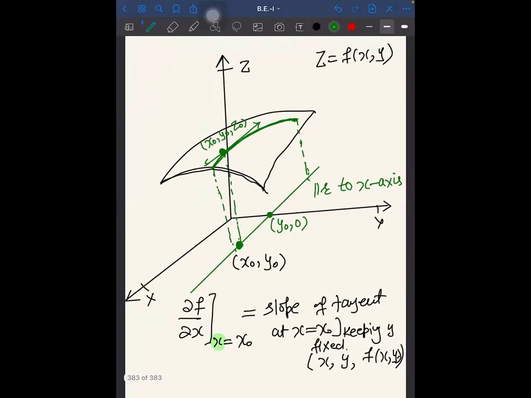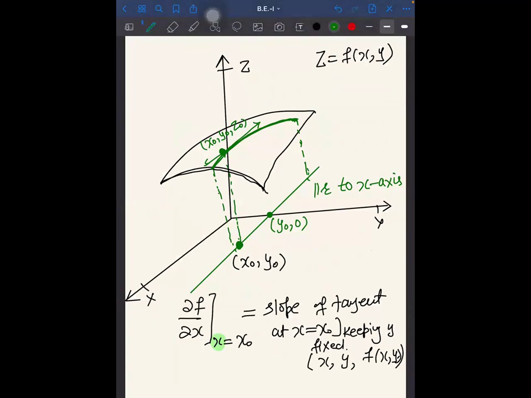Here we have fixed one dimension, that is y, and now we are left only with x and z. So we are getting the 2D picture of that. That green curve is a 2D picture, and again we are getting the slope of the tangent along that curve. Is it fine?